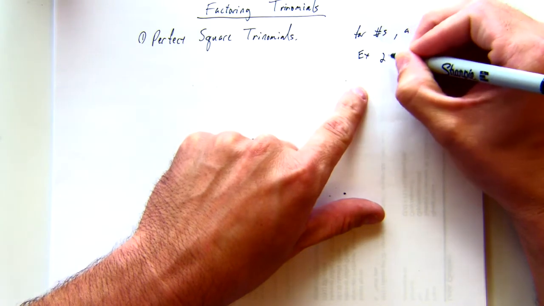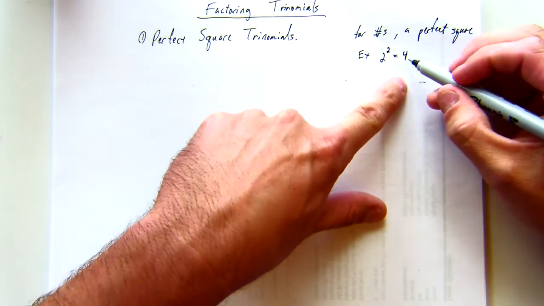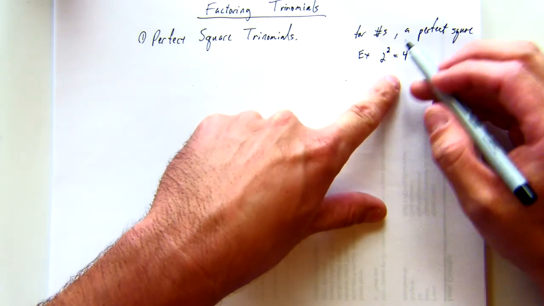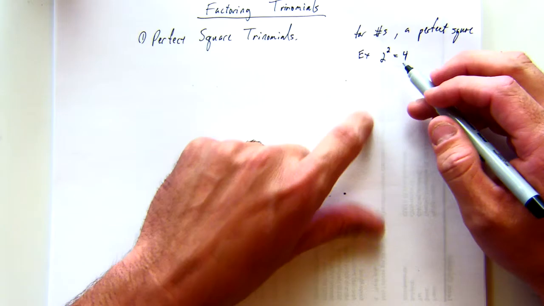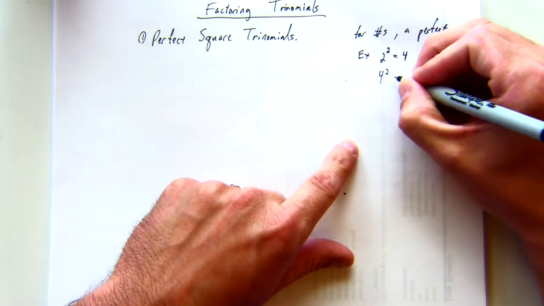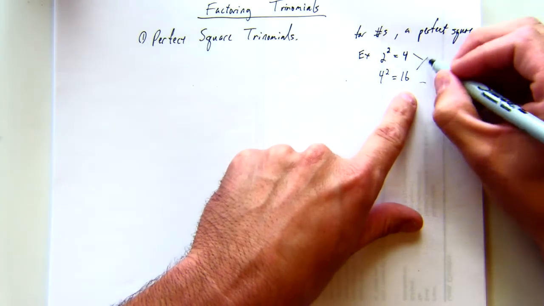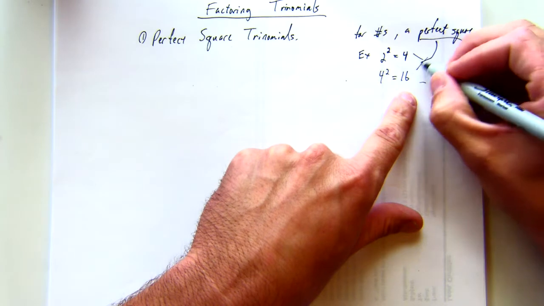Example is 2 to the power of 2, which is 4. So we say that 4 is a perfect square because it's a perfect square of 2. Give me one more example. 16. 4 squared is equal to 16. So we say that 16, these guys are perfect squares.